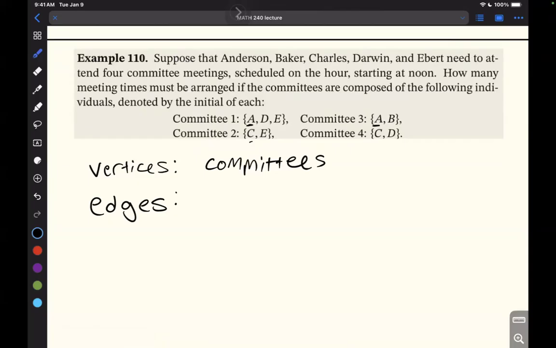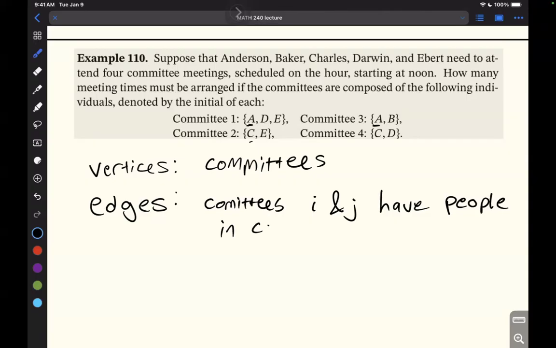People in common, yes. So let's say committees I and J have people in common, that leads to I and J being in our set of edges.